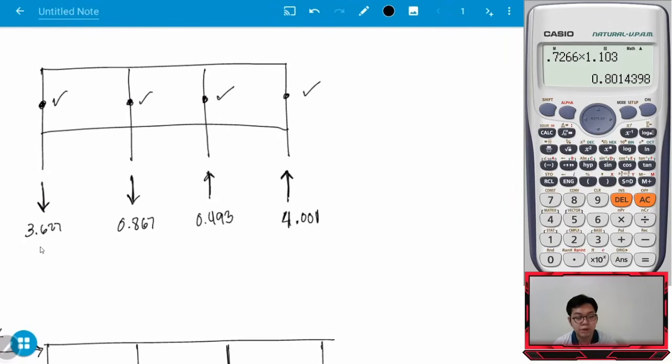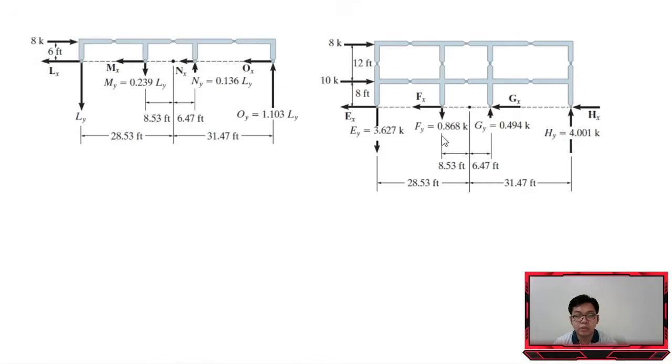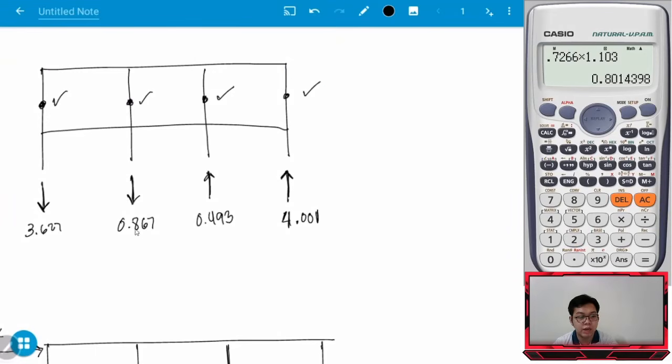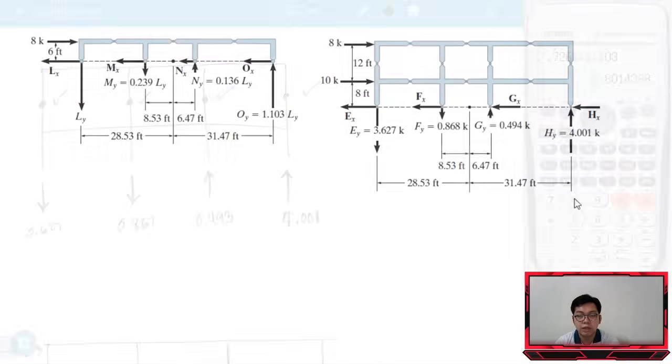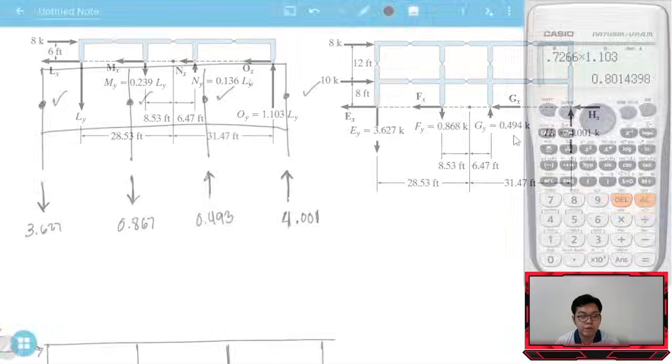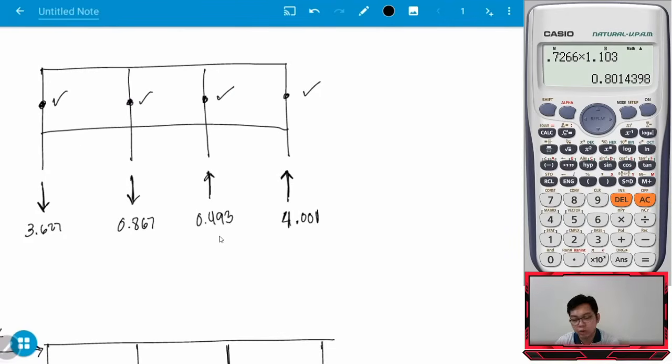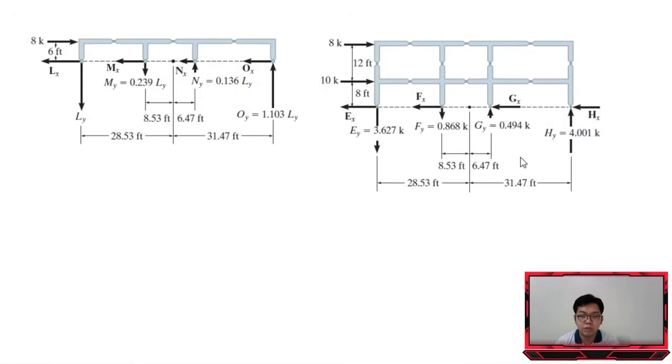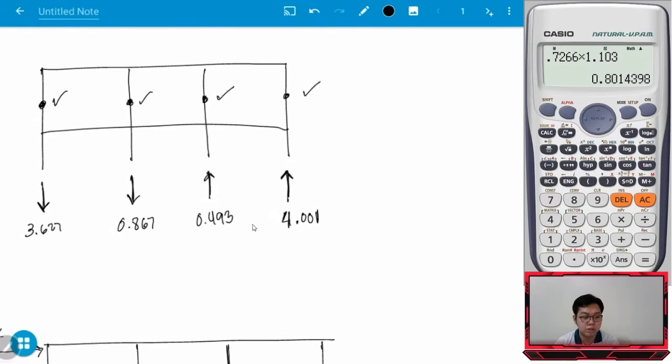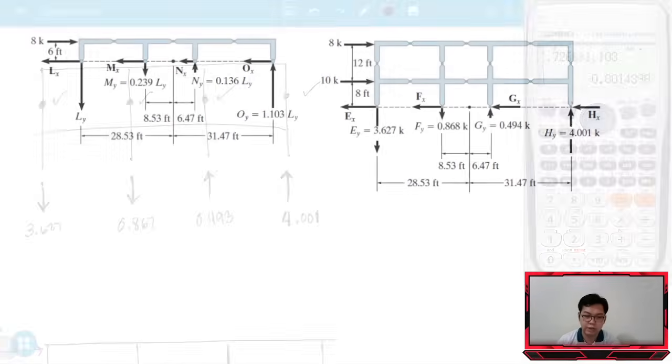Dito is 0.868, ang atin is 0.867. Don't worry guys, okay lang. So, 0.494 naman dito, dito is 0.493. Walang problema. Dito is 4.01, ito is 4.001. So, okay lang.